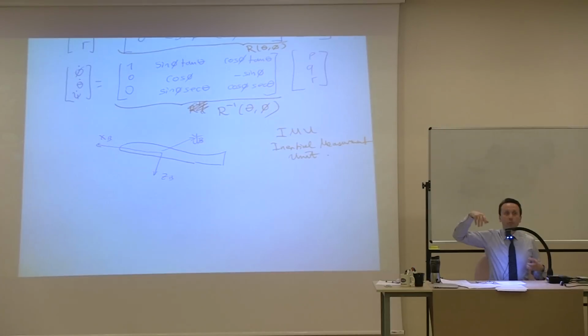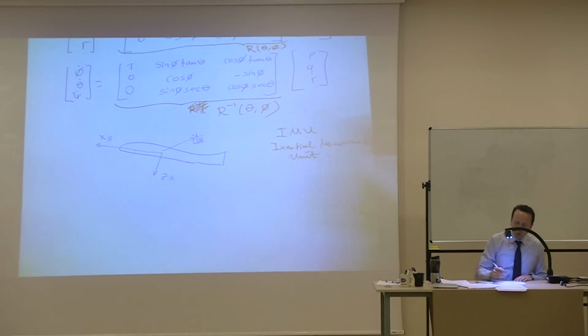Gyroscopes measure angular velocity, angular rate. Some of them measure angular acceleration, but that's a little out of scope for us right now. Let's say the gyroscopes measure angular velocity.